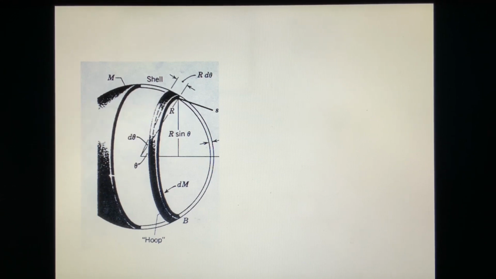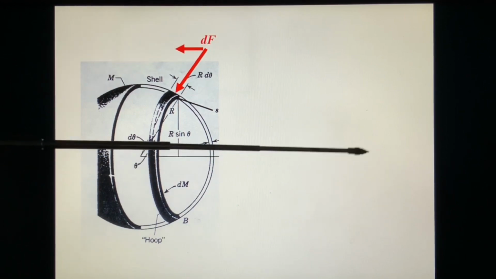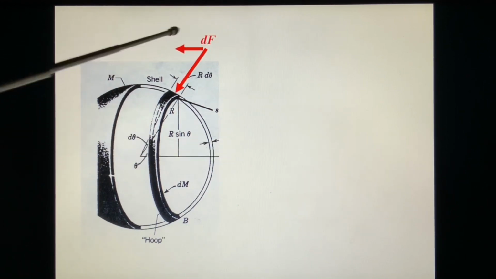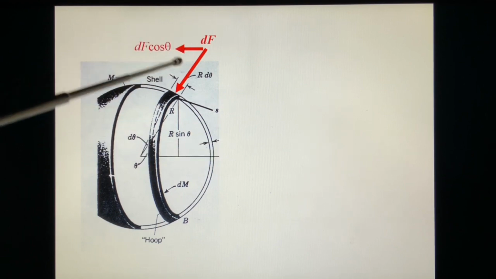Let's look at the force acting on this ring by air. It should be perpendicular to this shell, this ring. And we know the resultant, for symmetry reasons, should lie horizontally along this axis. Right? So this force is dF cosine theta. This is theta, this is theta, it's cosine theta.